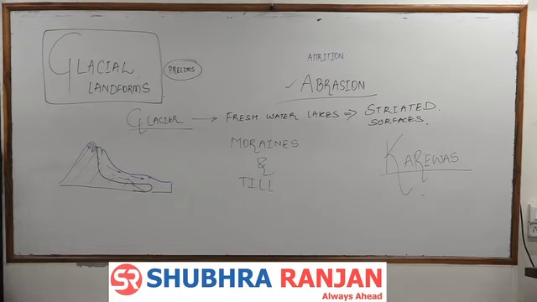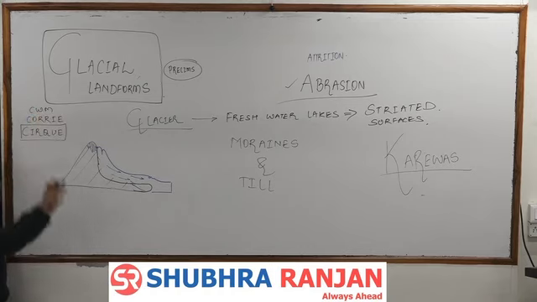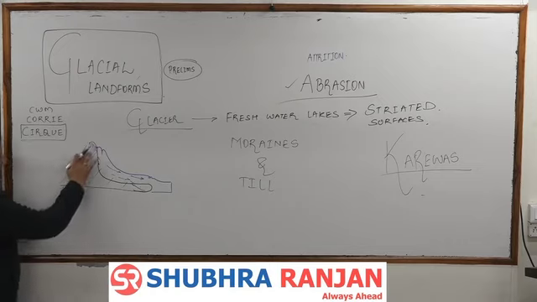It will become an armchair-shaped or horseshoe-shaped valley, which is known as a cirque, or it is known as Kori, or it is known as CWM. We'll write all this, first try to understand. So this is one Kori. There can be Kori on the opposite side also.